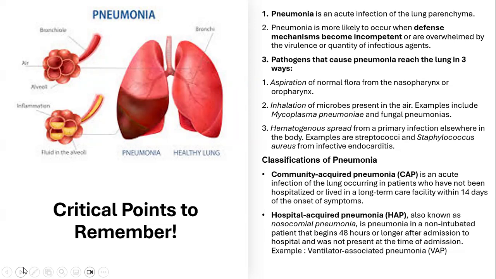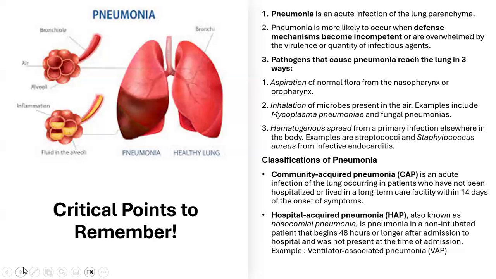The first thing is pneumonia is an acute infection of the lung parenchyma. So the infection happens and then inflammation develops, and it makes the lungs fill with fluids. The second one is pneumonia is more likely to occur when defense mechanisms become incompetent or overwhelmed by the virulence or quantity of the infectious agents.